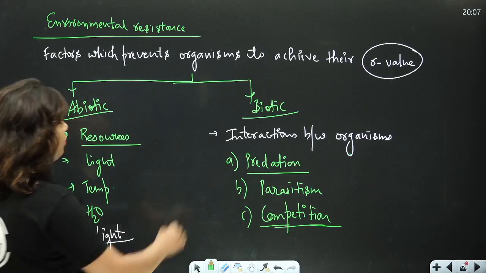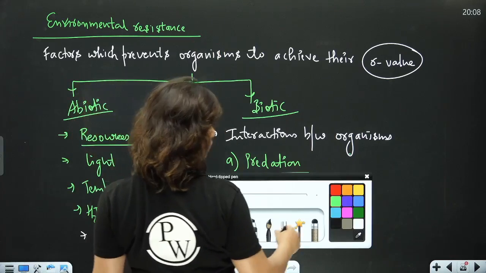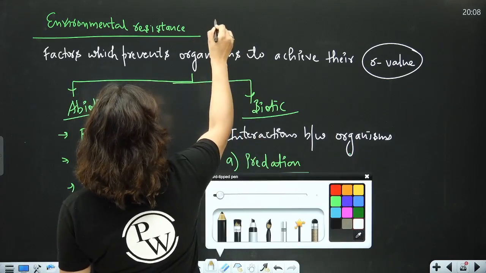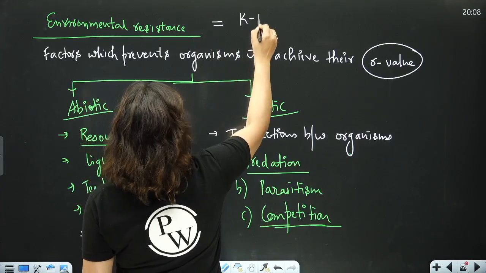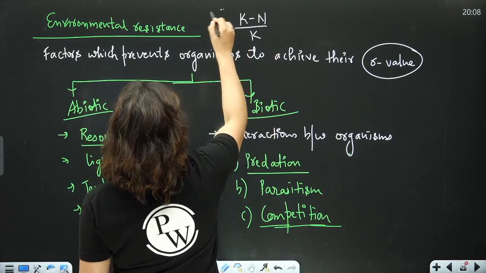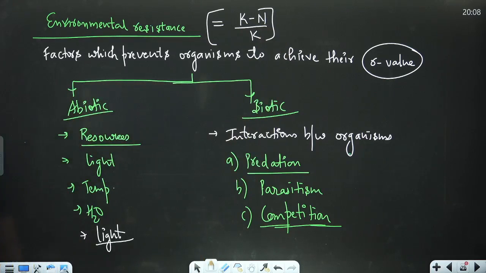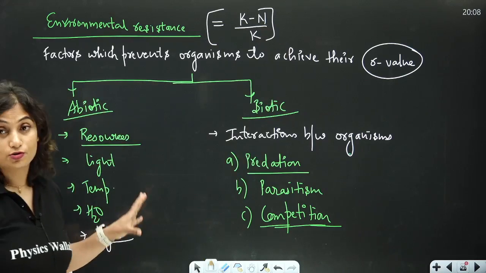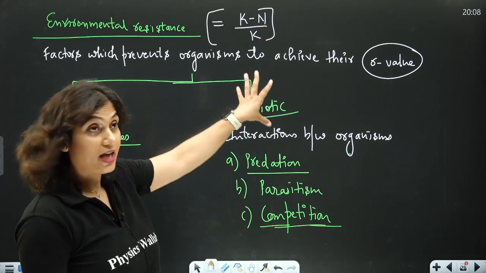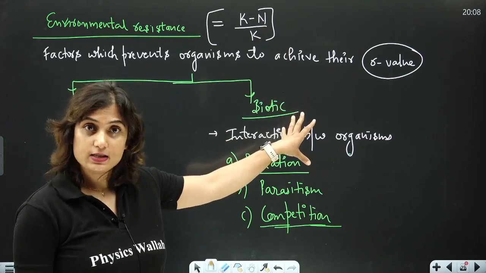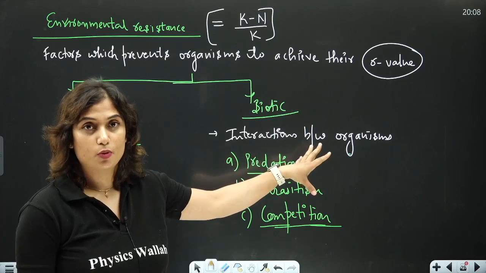And what is the formula of environmental resistance? The formula for environmental resistance is equal to K minus N upon K. This is important. Okay. What is K here? K is the carrying capacity of the ecosystem and N is the population size.